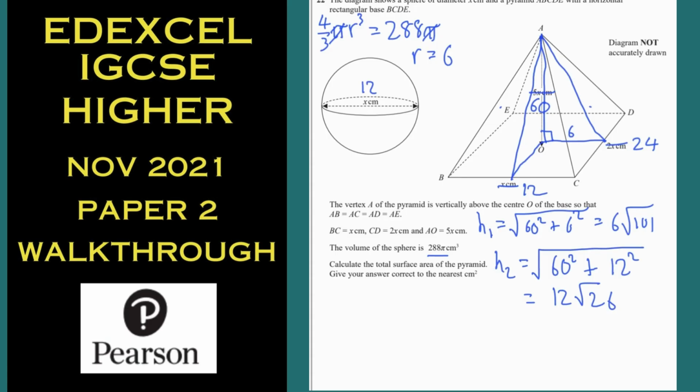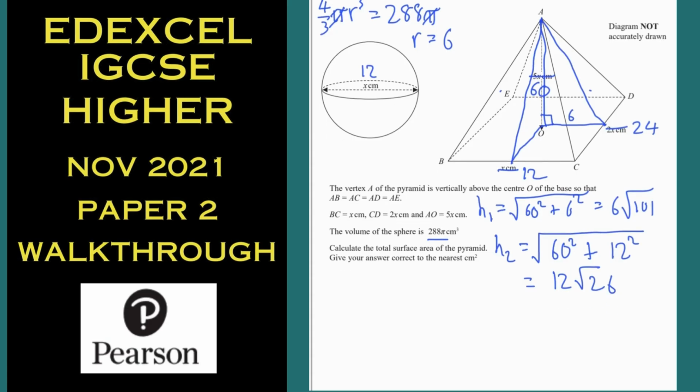But you now have enough to do the total surface area. The base, as I've said already, that's easy enough. But now you need to take the right-hand triangle, half base times height, and double it.